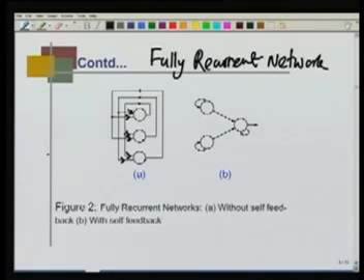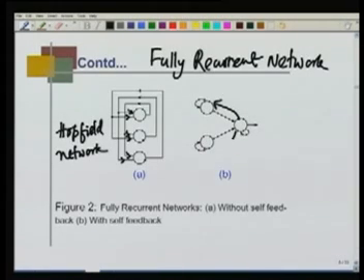Normally, the Hopfield network has this structure. This is a little mistake here, these branches are missing. So, this is another fully recurrent network. This network and this network are almost the same; the only difference is that there is a self feedback.